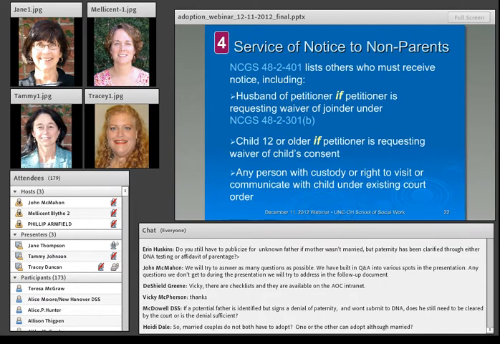However, at some point along the line, an order was entered in juvenile court saying grandmother has the right to visit every other weekend, or grandmother can call every Sunday afternoon. If that order is still in existence when the adoption petition is filed, she is going to have to get notice of that adoption petition, which may not be the answer that you want.